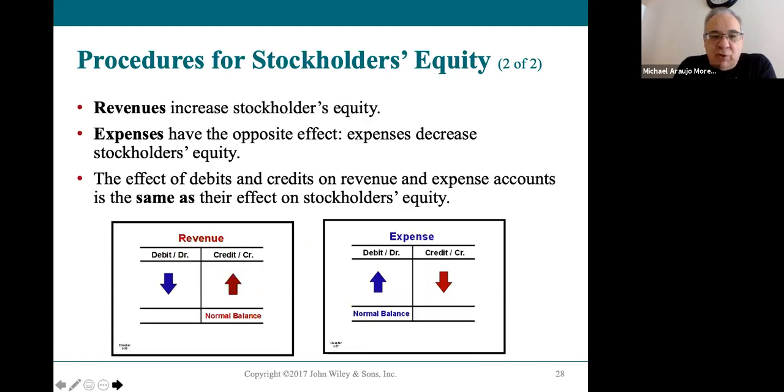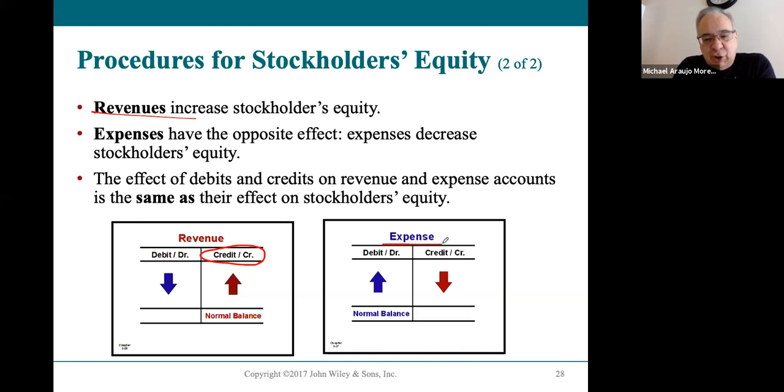Of course, the same is true on the income statement. Revenue is where the profit is. So revenues increase the retained earnings of a company. So all revenues are going to show up on the credit side, because this is where the excess revenue is the net income. And that's going to go to benefit the retained earnings of the company.